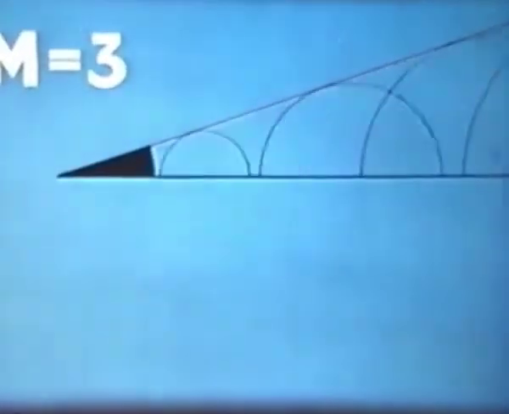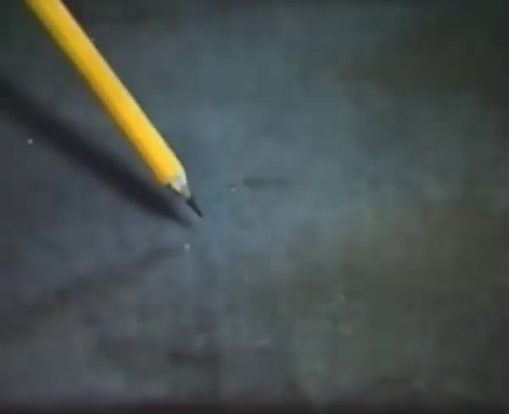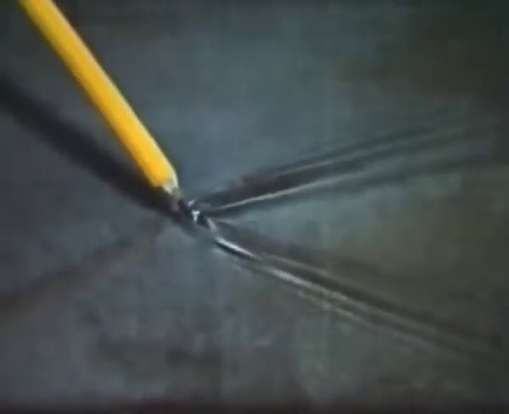At Mach 1, the Mach angle is 90 degrees. As the Mach number is increased, so the Mach angle grows smaller. A similar effect can be seen by dipping the point of a pencil in a fast-moving stream of water.